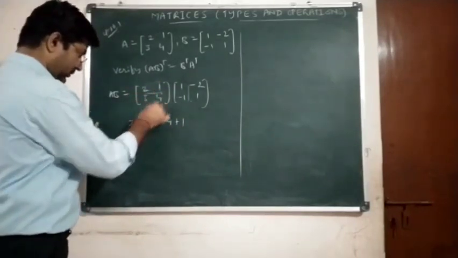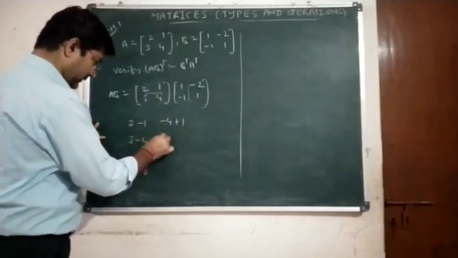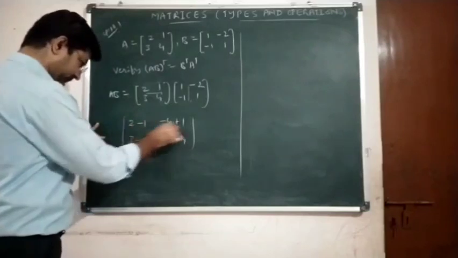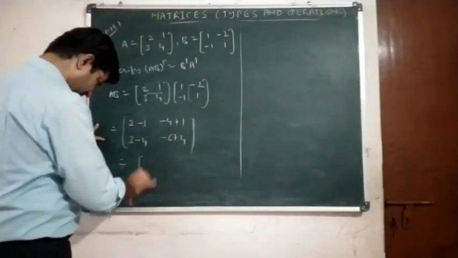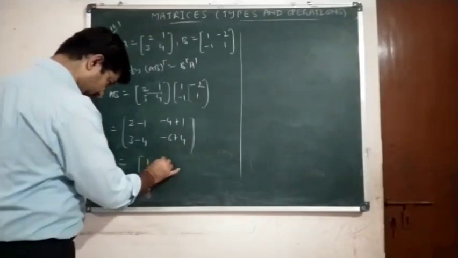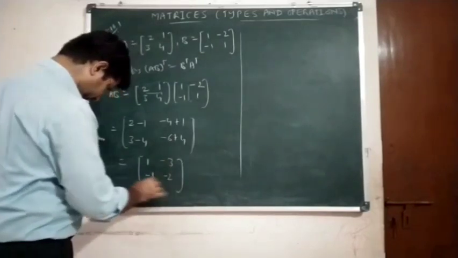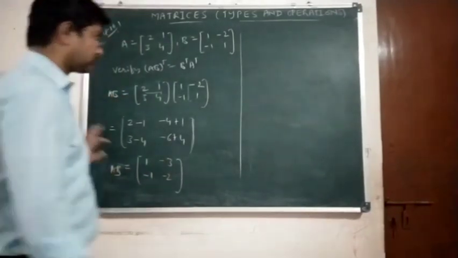Now with second row, 3 1s are 3 minus 4, and 3 into minus 2 is minus 6 plus 4. Okay, so we will get 1, minus 3, minus 1 and minus 2. This is product matrix AB.